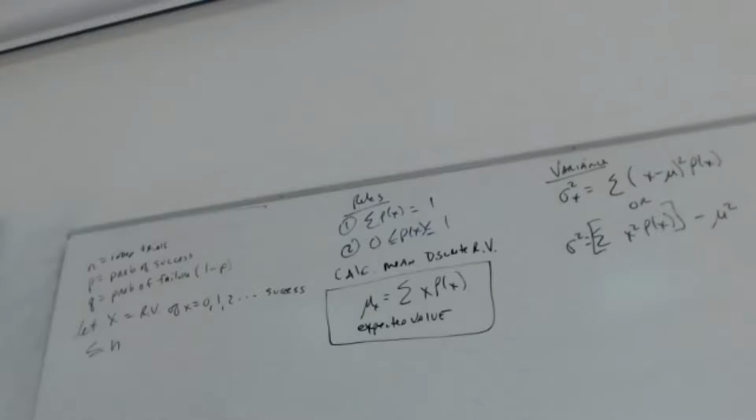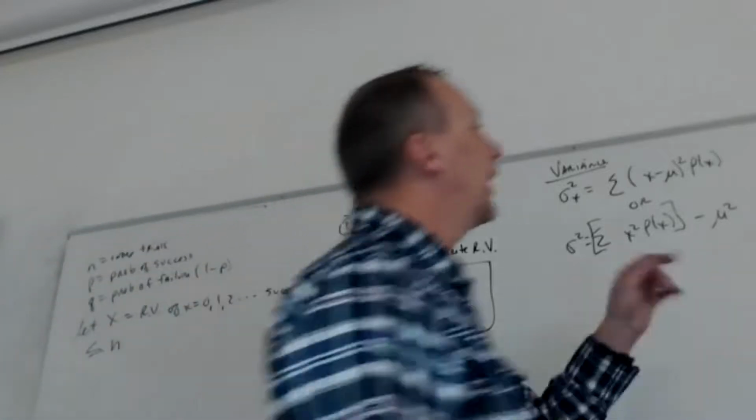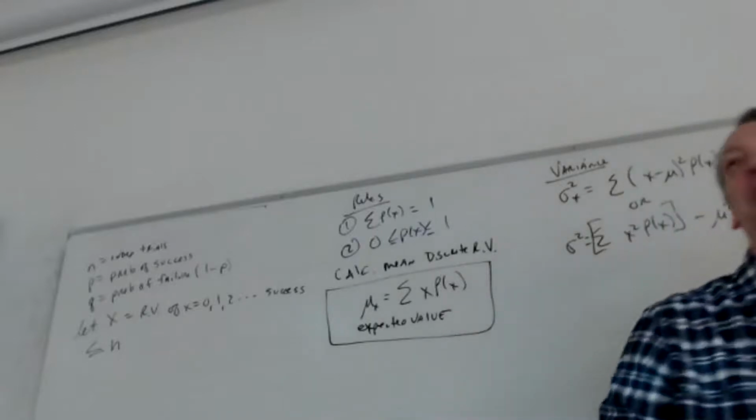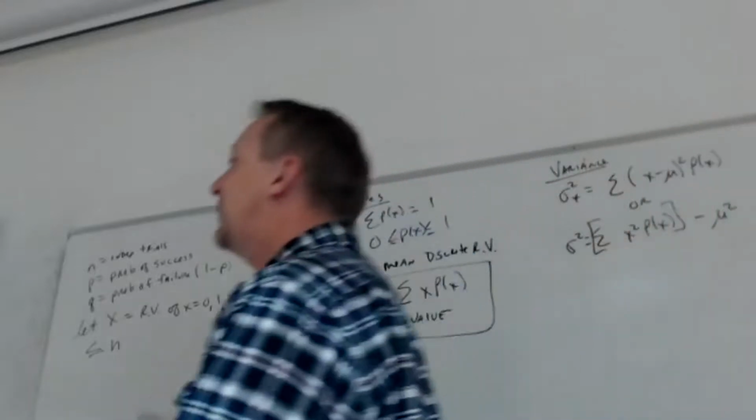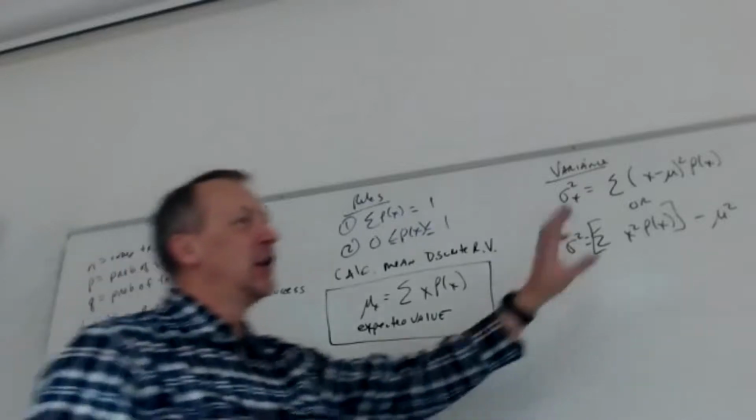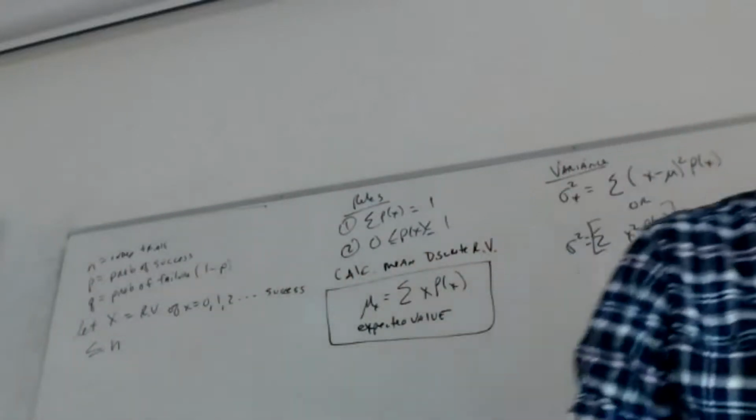Shaq, like 40%, okay? So what we're saying is it doesn't have to be 50-50, even though you've got two. It's not a coin flip, or you could think of it as a coin flip in the fact that 80% of the time he's going to make it, only 20% of the time he's going to come up tails. Okay? So it doesn't mean 50-50, but you do have two options, okay?